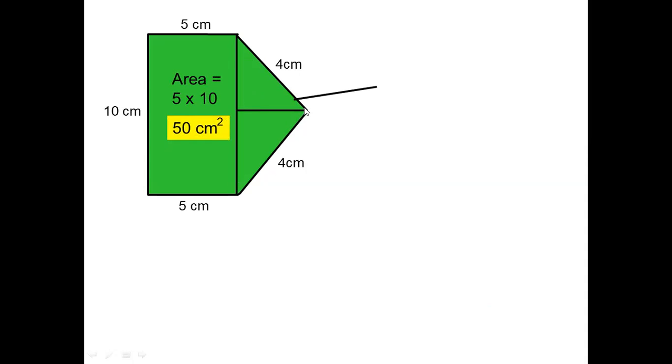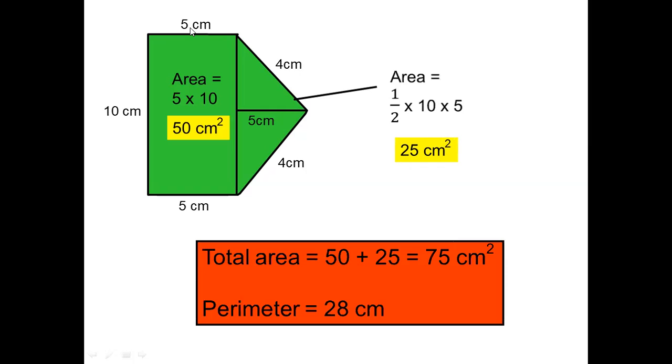I have to draw a height that's perpendicular on this side. It's going to be 5 since this side is equal to this side. So it's going to be half times 10 times 5, which is going to be 25. So the area is going to be 50 plus 25 equals 75.